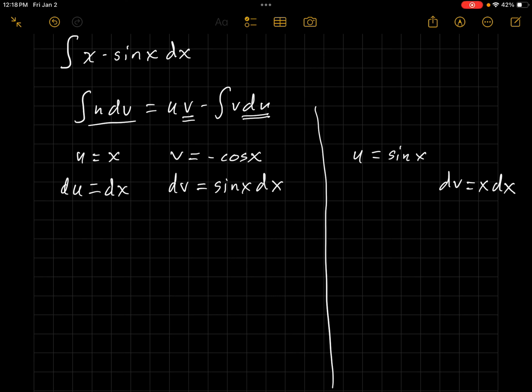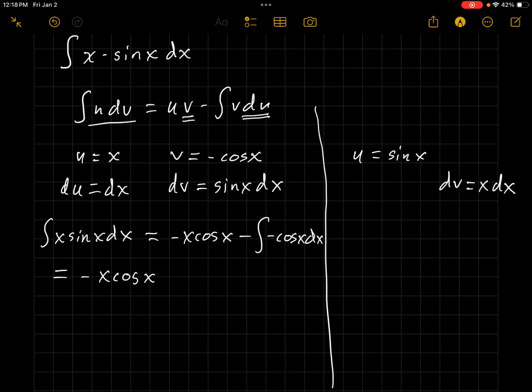If I plug in, I get the integral of x times sine x. That is, the integral of u dv is u times v, negative x cosine x, minus the integral of v du. Equals negative x cosine of x plus the integral of cosine of x.